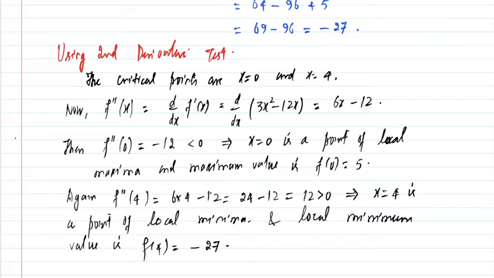Obviously in that situation we will first try to use the second derivative test, but if it happens to fail, that is, if at some critical point we get f dash of a equal to 0, then for that particular critical point we have to switch back to the first derivative test and classify that critical point accordingly to be a point of local maxima or local minima.